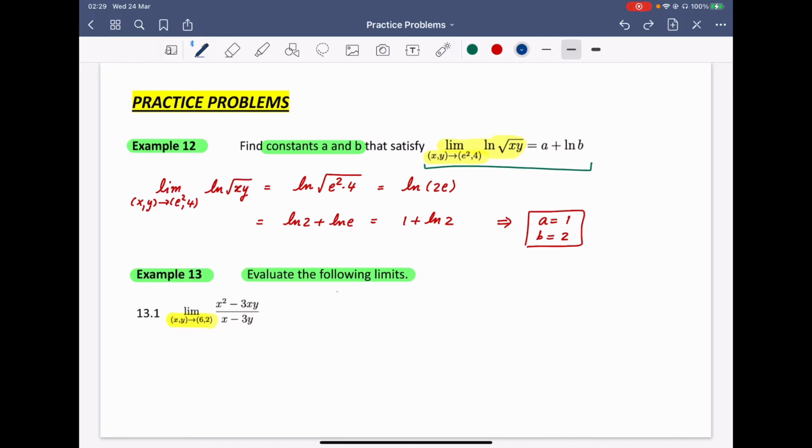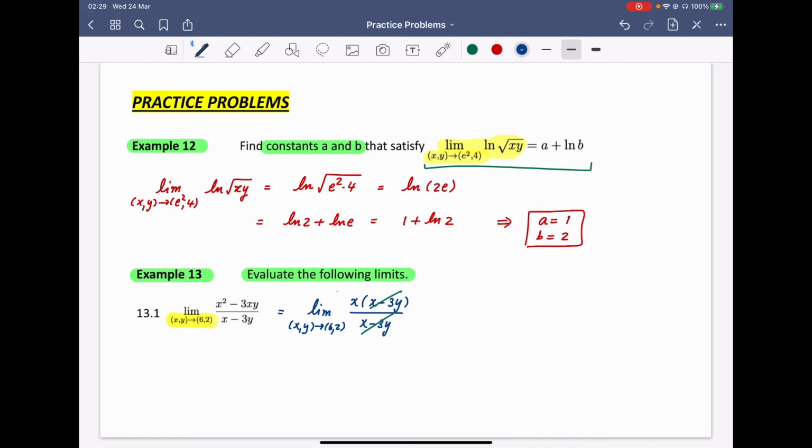And of course, you can do factoring. The easiest way to do this one is you just factor x on the numerator. So you're going to get x minus 3y. Then you can see, wow, this is easy, huh? Because x minus 3y is going to cancel out.